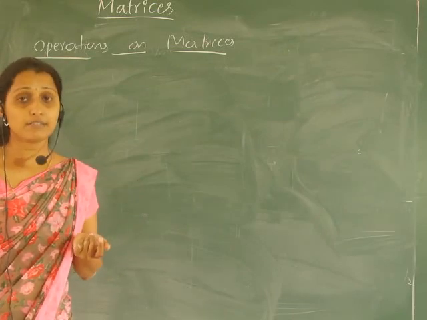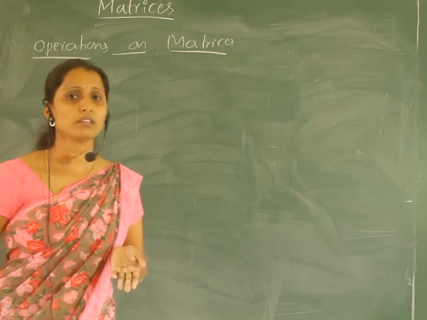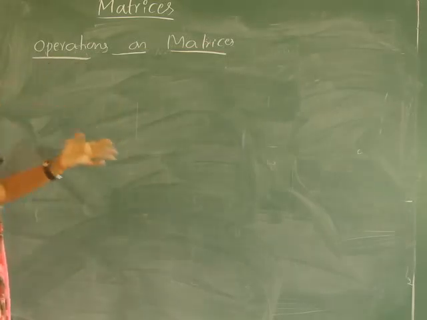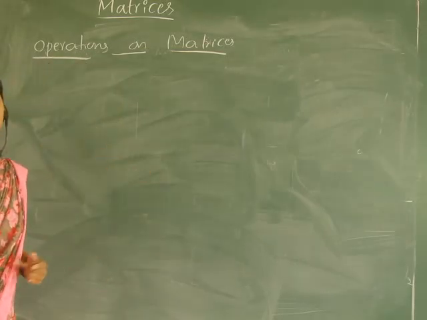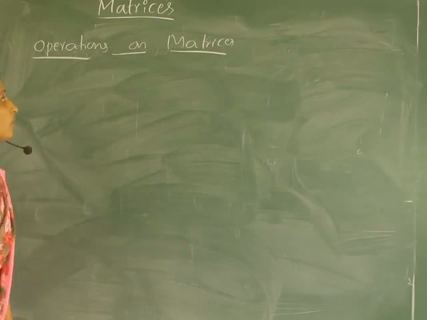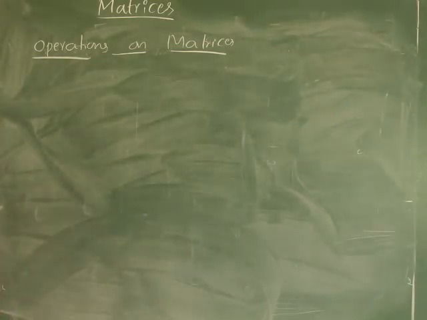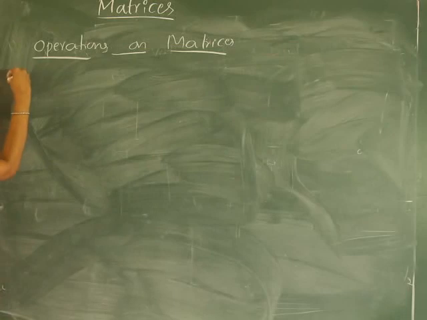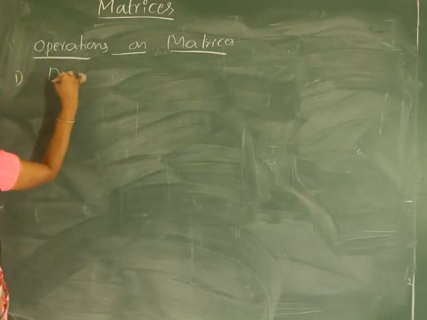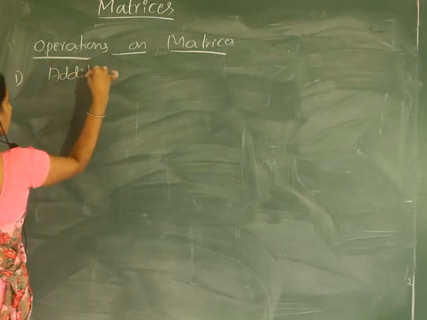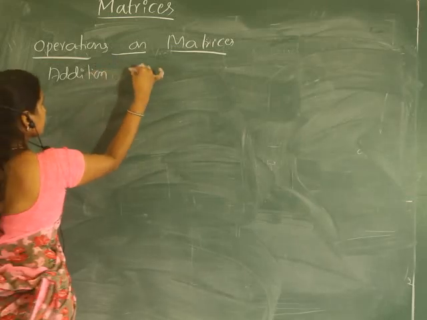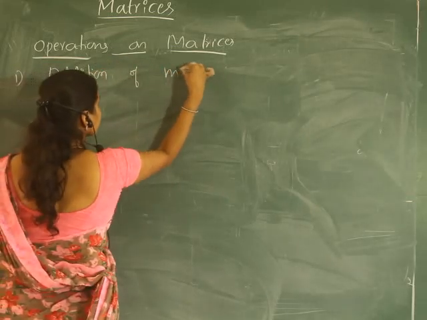Division of a matrix is not defined. So only addition, subtraction and multiplication are defined. The first one is addition of matrices.